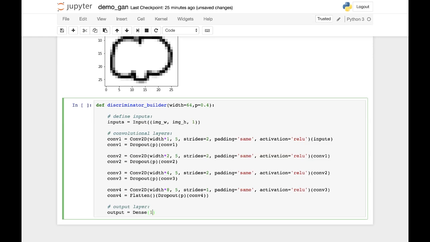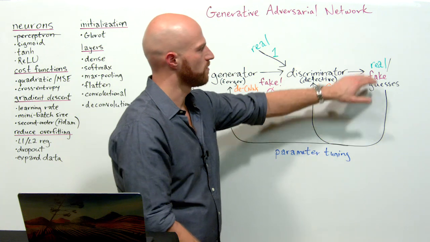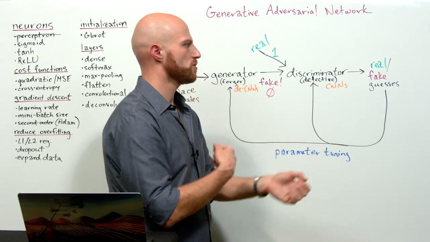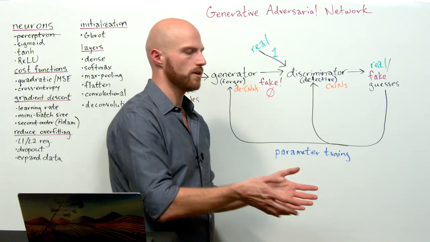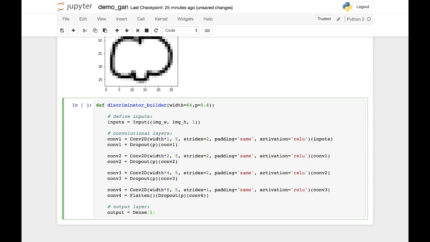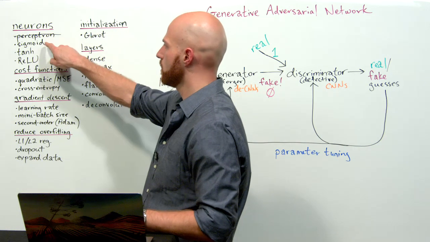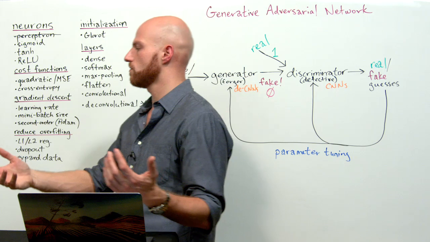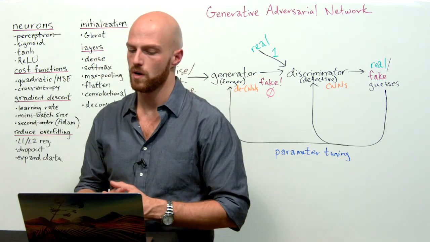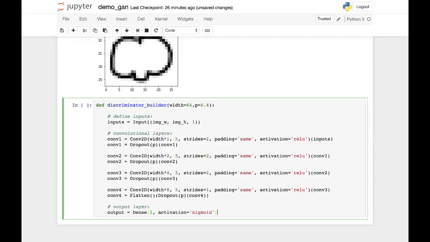We only have real versus fake here, so we can capture that binary value from 0 to 1, so we only need one output neuron, and its activation will be sigmoid. Recall that sigmoid neurons are an activation function that provides a value from 0 to 1, like a probability, so that's great. And we're passing into it this conv4 right there.